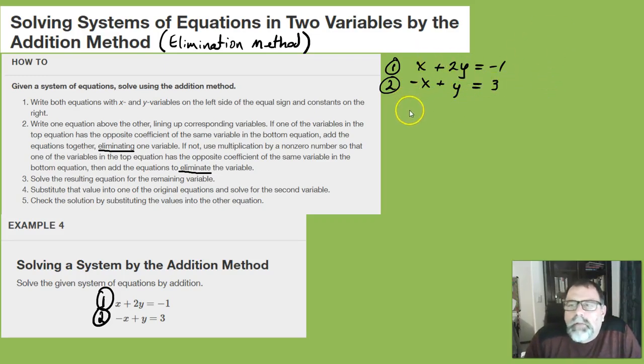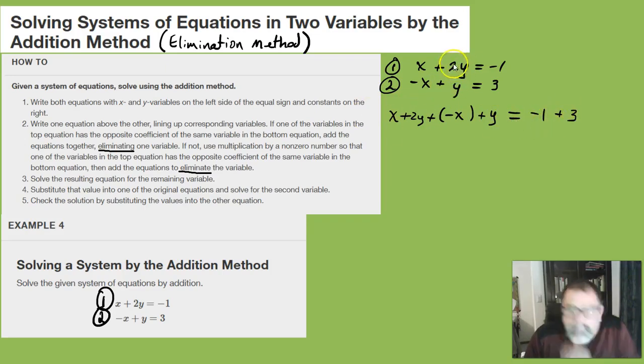But what we're really doing is x plus 2y plus negative x plus y equals negative 1 plus 3. Since these are equal to each other, you can add this number to the left side and this number to the right side, since those represent the same number. Then you get this equation. We don't write it that way. That makes it a little more complicated.